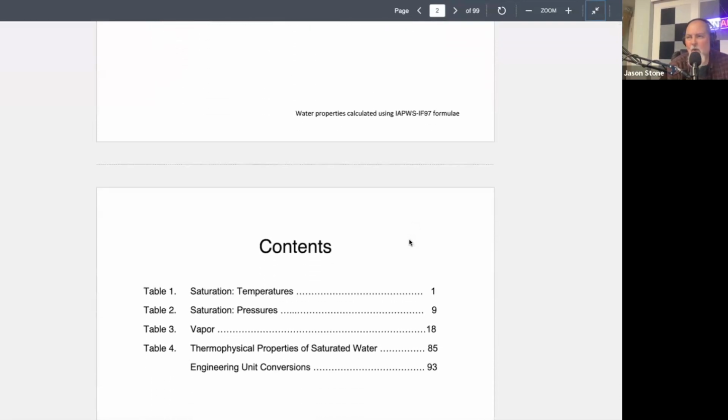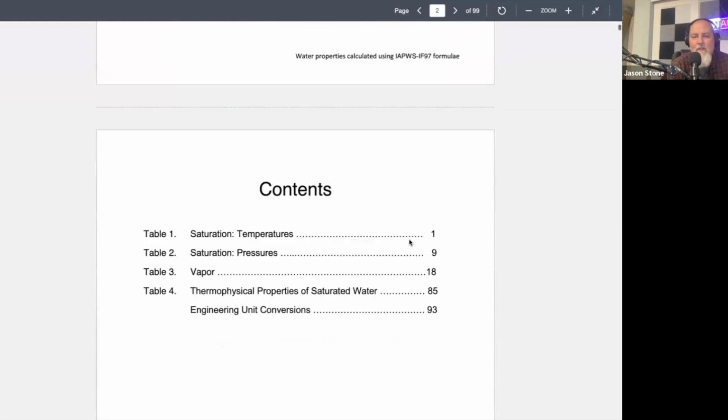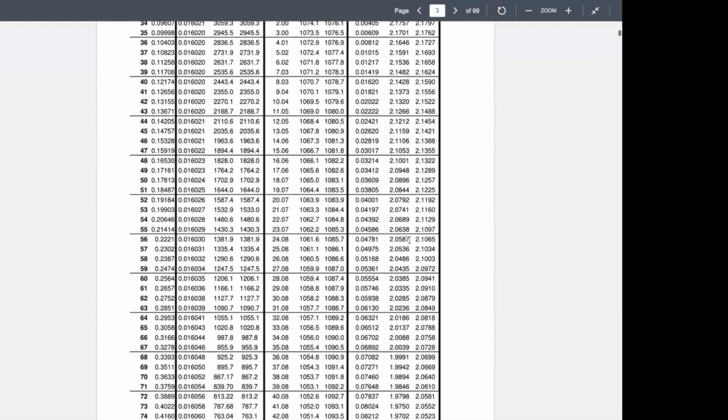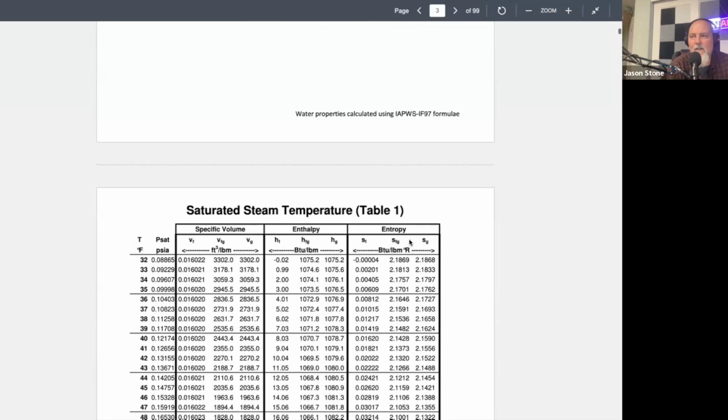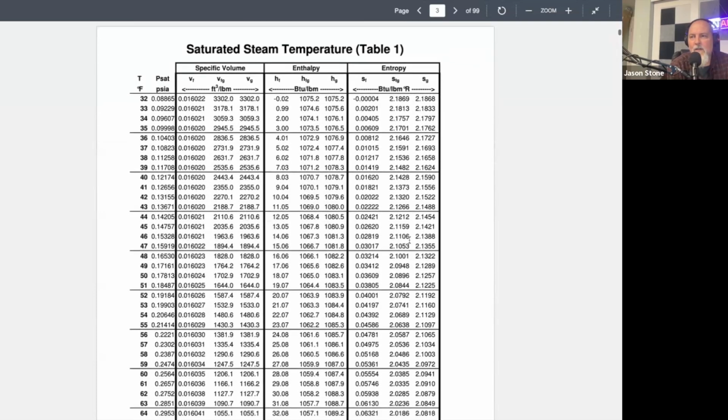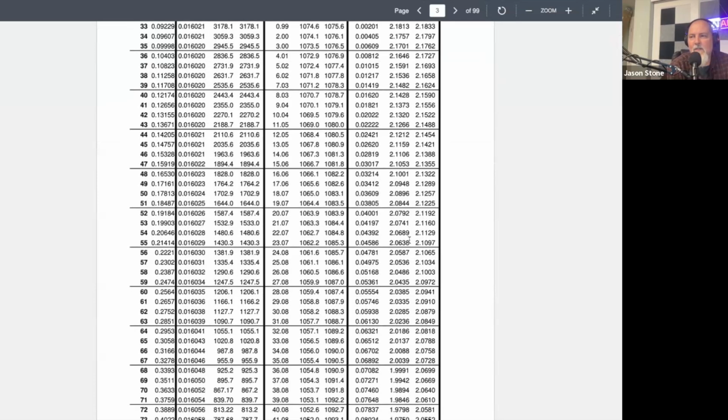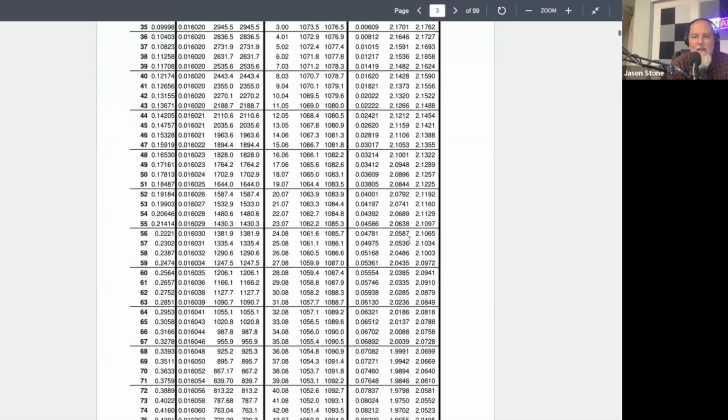Number 9 is: what is the moisture content, enthalpy, entropy, and specific volume of a steam water mixture at 1,000 psia if its quality is 85%? Okay, so we need to find what the enthalpy is at 1,000 psia.